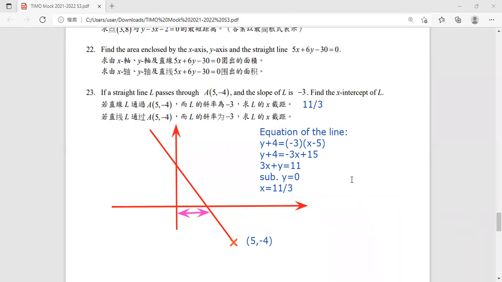Of course, if you have to answer in mixed fraction, it will be 3 and 2/3. Any questions?